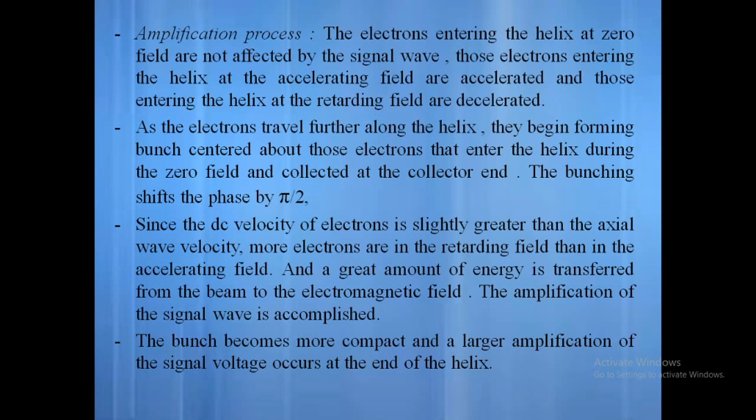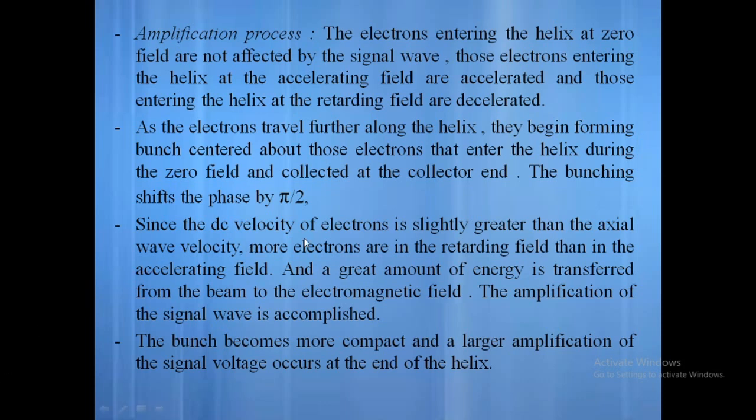So this transfers the energy from the center to the helix, which causes the amplification, meaning the voltage will be increased for the microwave signal or RF input which is applied.